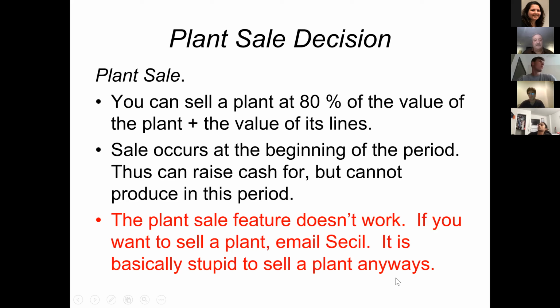Now, the reason I mention this in particular, this is one of the glitches in the business game. I think it will let you say you want to sell a plant, but then it won't work. It's like a bug in the game. So if you want to sell a plant, don't use the business game to do it. Send an email to Suchil and say, I want to sell my plant in Boston, and she will take care of it.